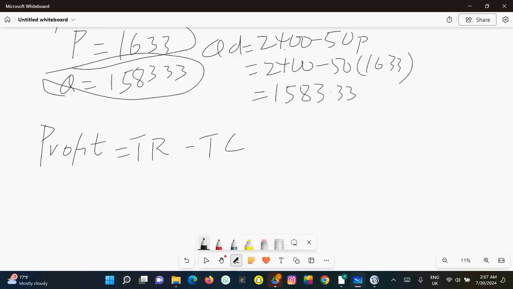So now price is 16.33 and quantity is the equilibrium quantity. The equilibrium price is 16.33 and the equilibrium quantity 158.33.